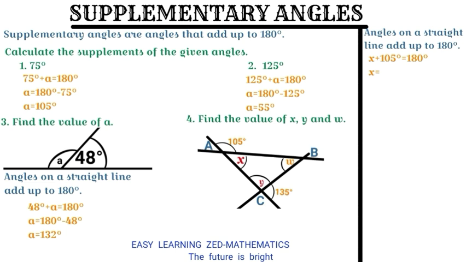Then it's going to be x is equal to 180 minus 105 degrees, so when you subtract 105 degrees from 180 degrees, it will give us 75 degrees. That is the answer. So the value of x in this diagram is 75 degrees.